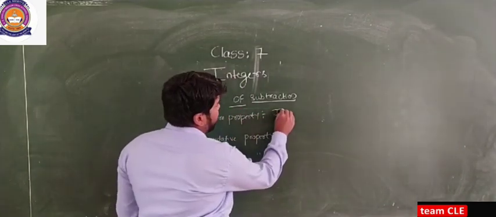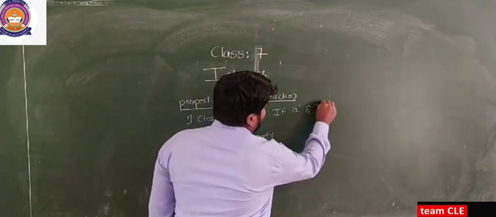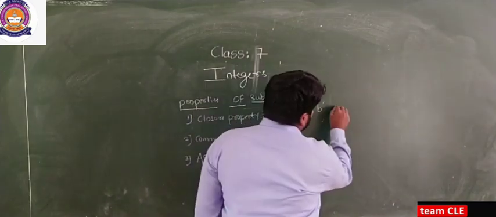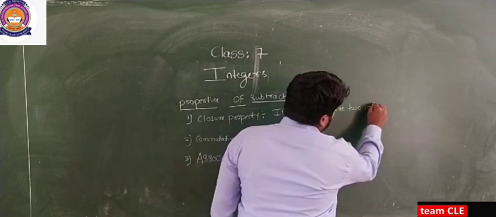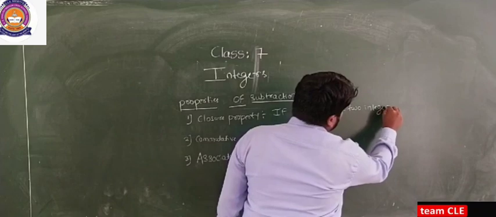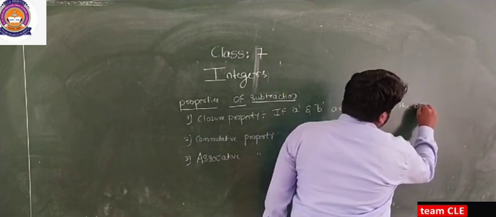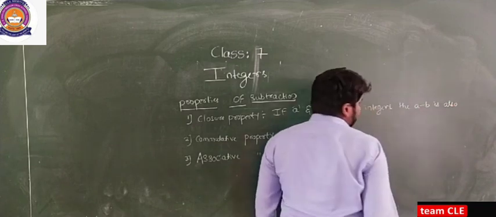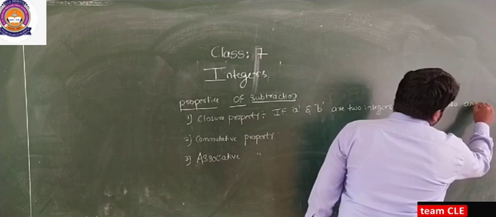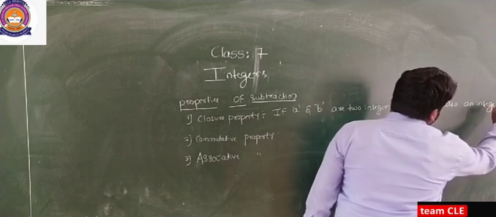If a and b are two integers, then a minus b is also an integer. So this is the closure property.